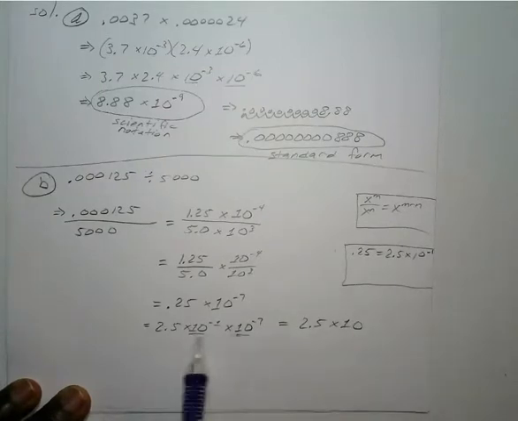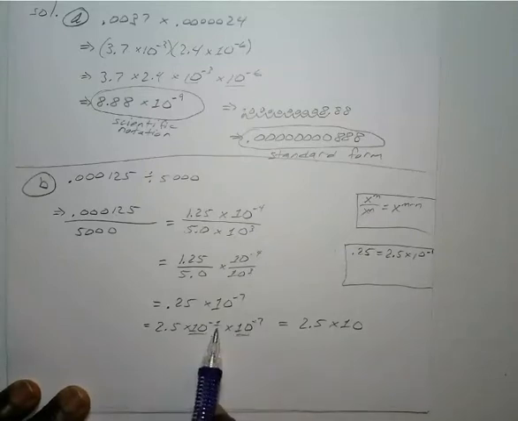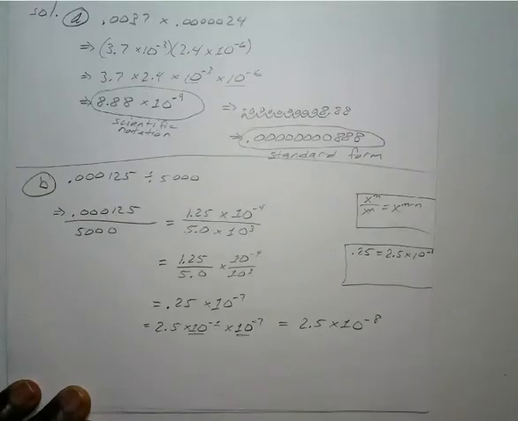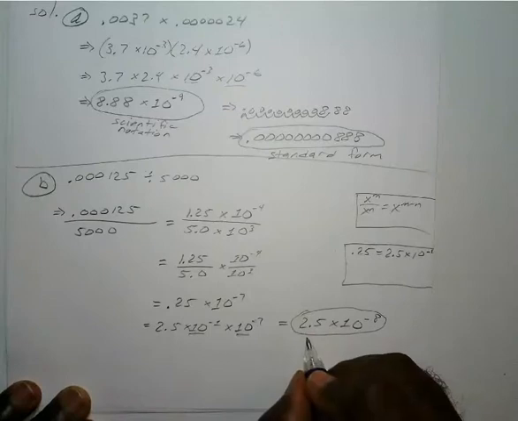The bases are the same, so we just add the exponents. So negative 1 plus negative 7 is negative 8. So that gives us our scientific notation.